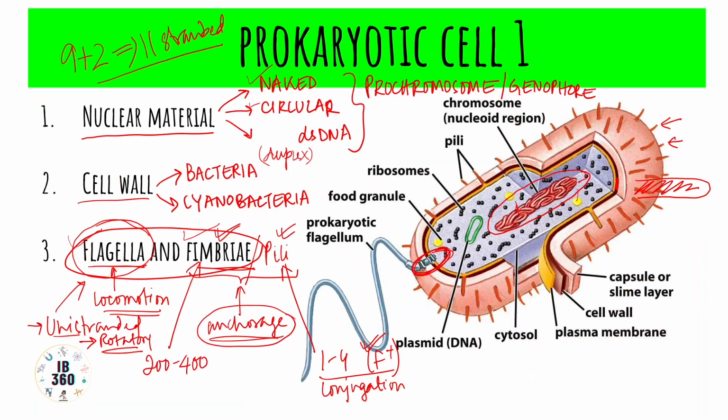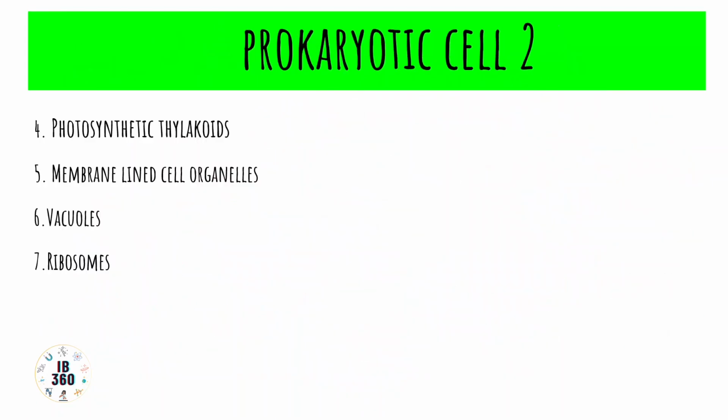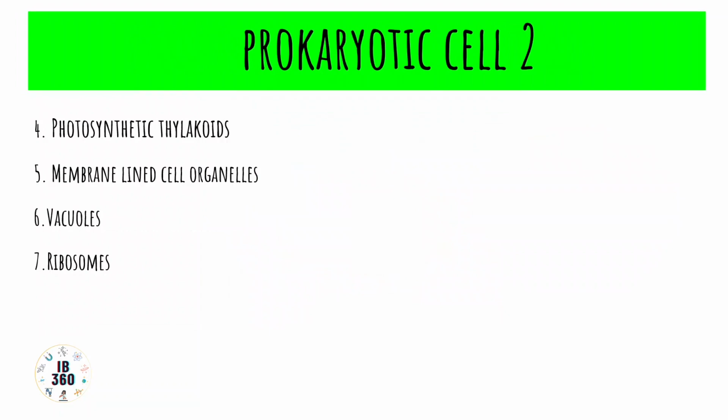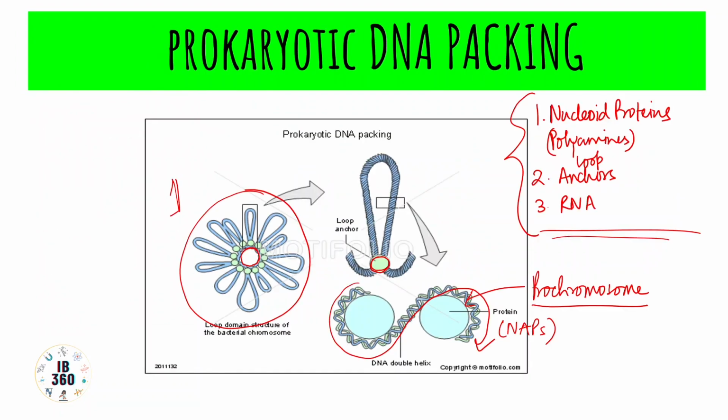Later on we will see that mainly this is how the nucleoid is found, and with it the mesosome is associated like this.